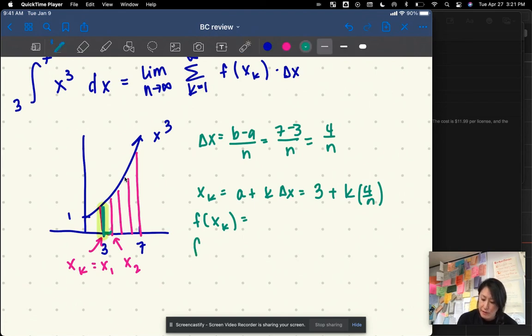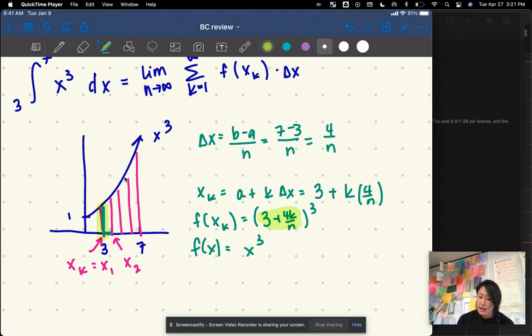Let's remember that f of x is equal to x cubed. So we're going to plug in for x, we're going to plug in 3 plus 4k over n. Okay, this part inside is x sub k.